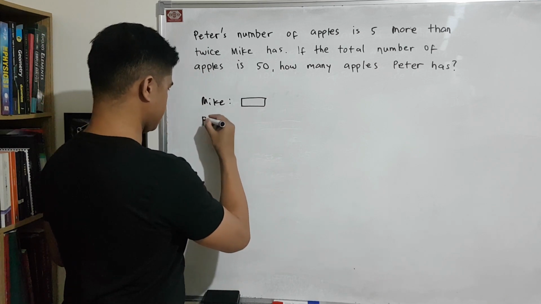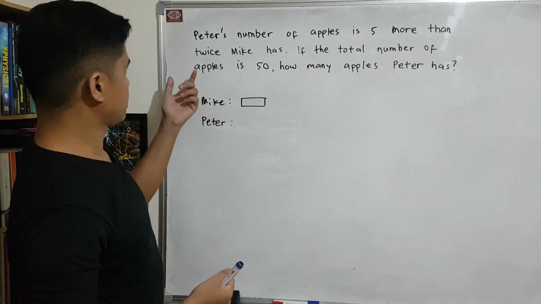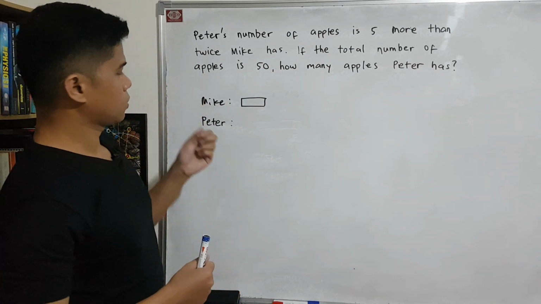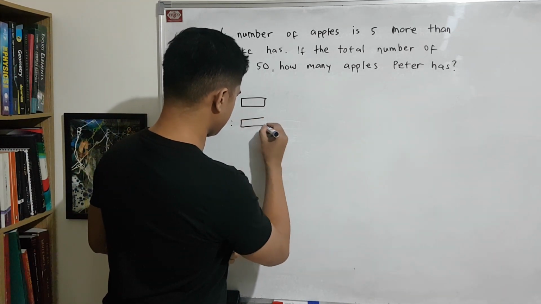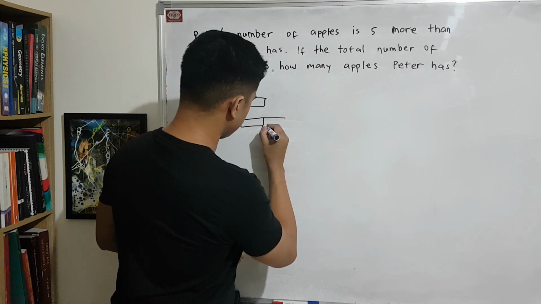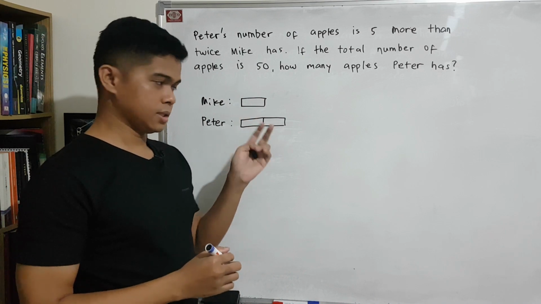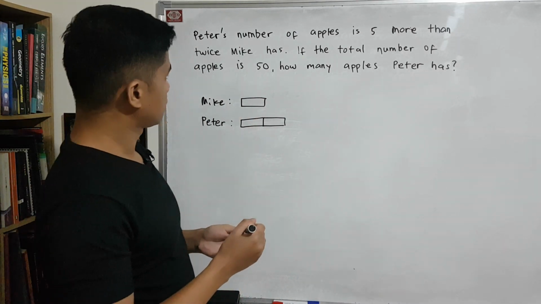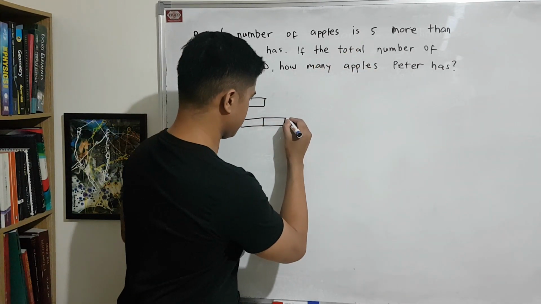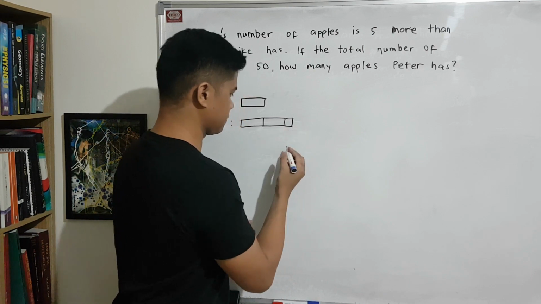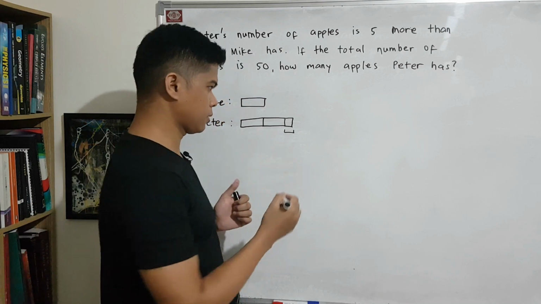For Peter, since Peter has twice first, we double Mike's rectangle first. So this length is equivalent to twice Mike's. Since we have 5 more, we need to extend Peter by a small rectangle. So this part is representing the 5 apples.